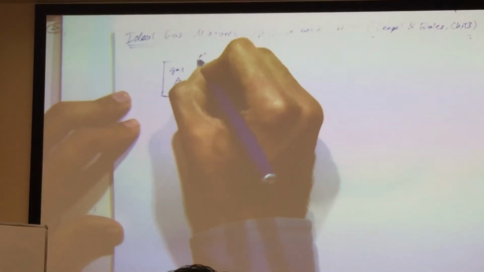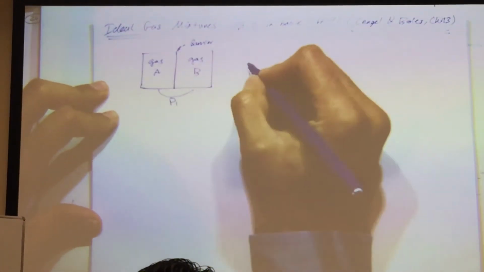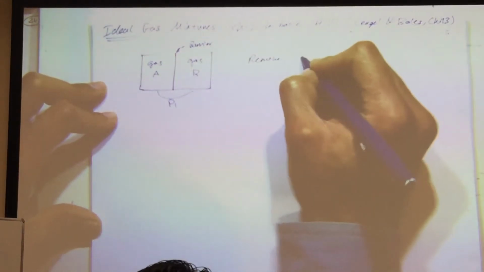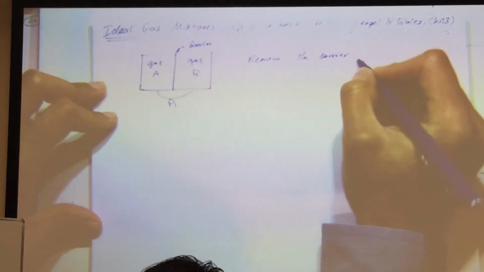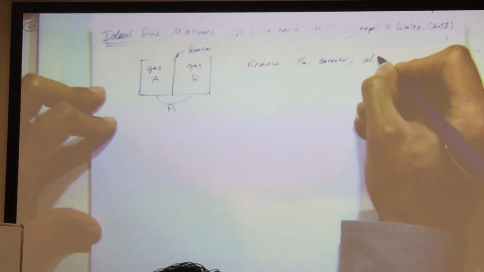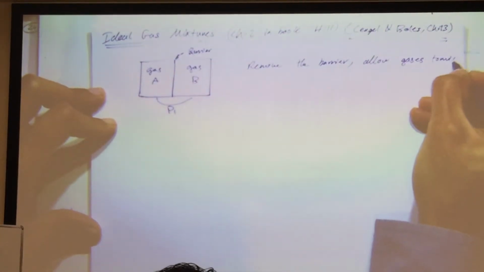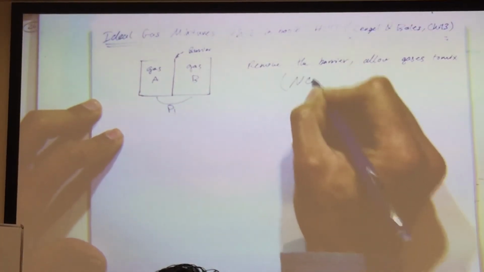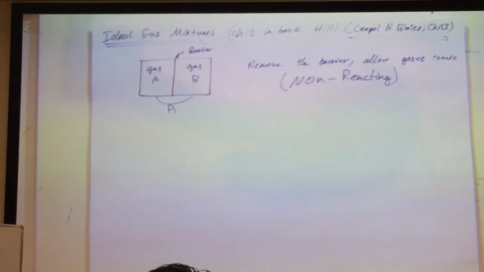We've got some barrier right here, and we're going to remove the barrier and allow gases to mix. So it's very important right here, non-reacting. Later on, we're going to do the reacting. But right now, we need to understand the non-reacting first before we jump into the reacting.